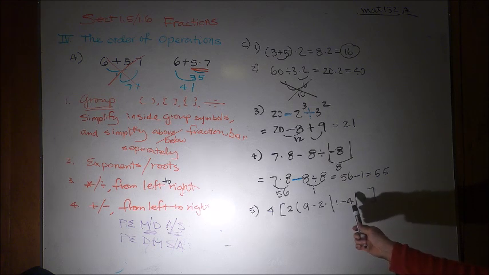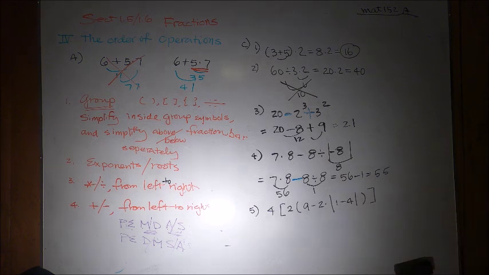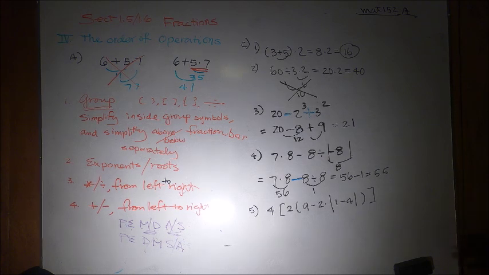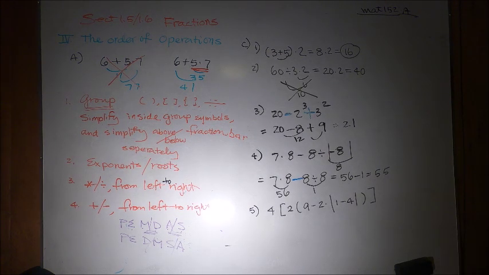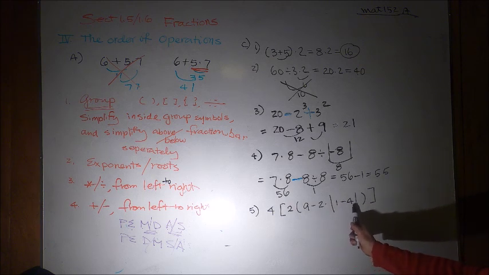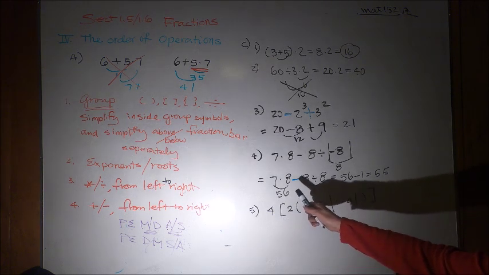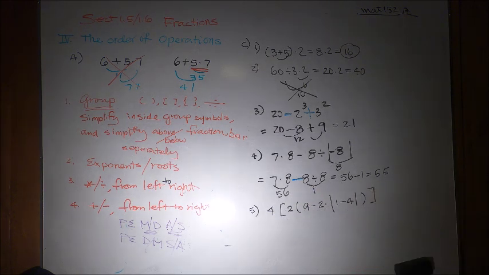This one, number 5, it looks very complicated, right? So for a complicated problem, we need to simplify it first. So how do you make it simpler? You have a bunch of parentheses and brackets and absolute values.